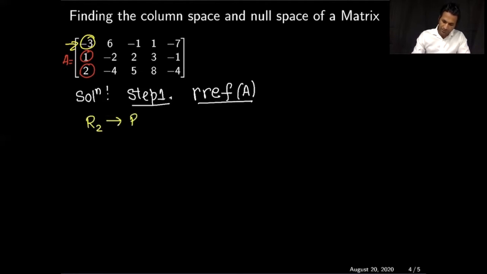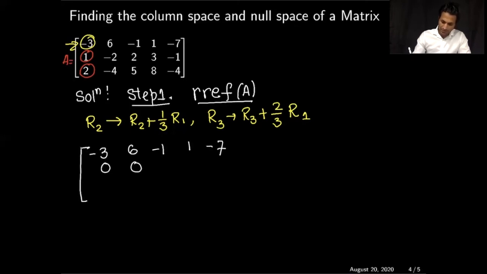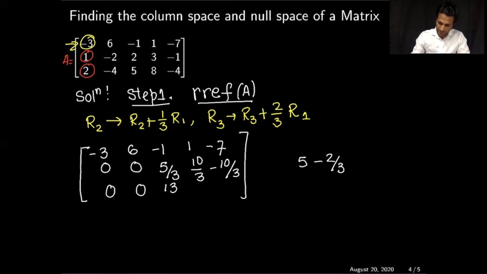My operation will be R2 plus 1/3 R1, and I will operate on R3: R3 plus, the entry to be eliminated is a 2 and the pivot is -3, so negative, negative, positive, 2/3 R1. After these operations, our matrix will reduce to this form.